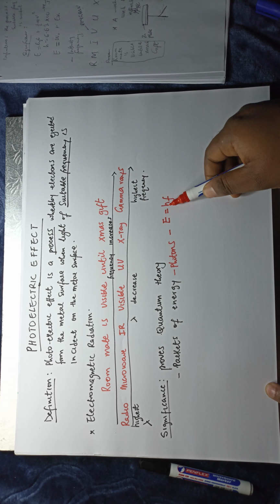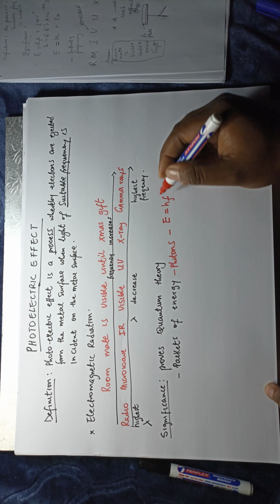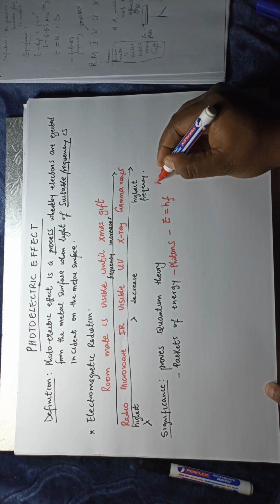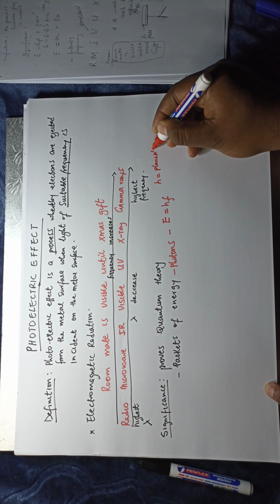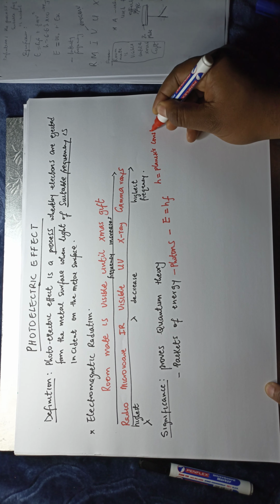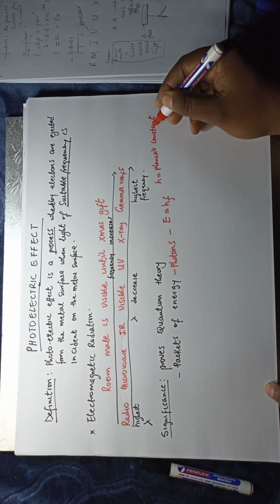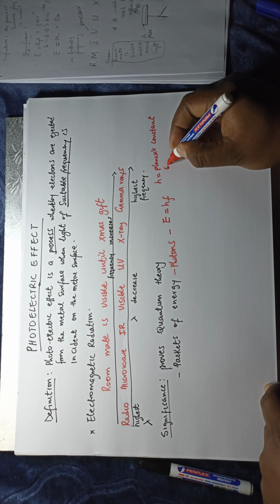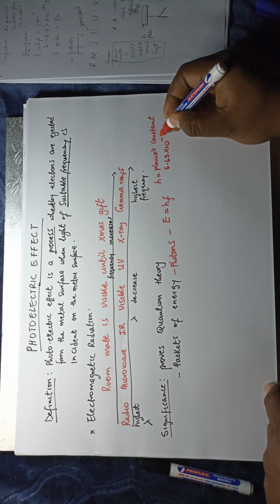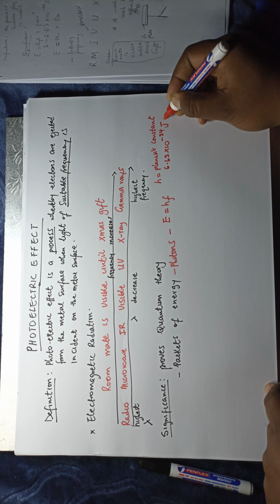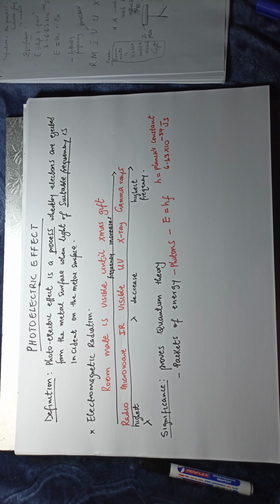And from this formula, we can see that our h here is called the Planck constant, 6.63 times 10 raised to power negative 34 joule seconds. It's a constant.